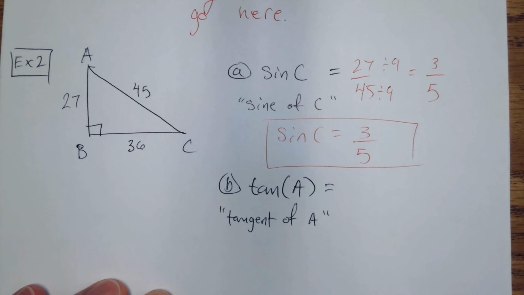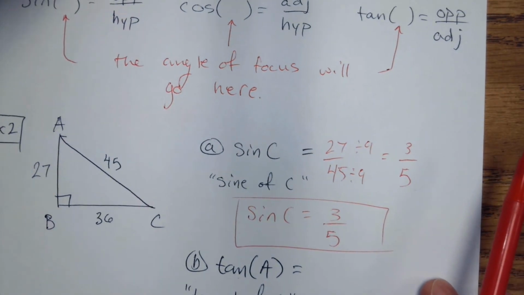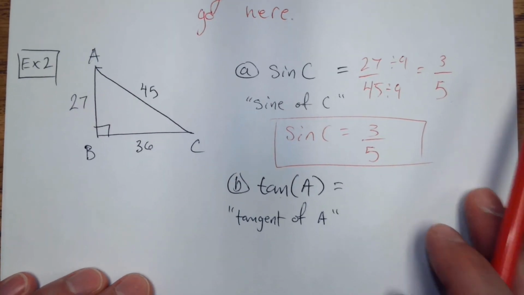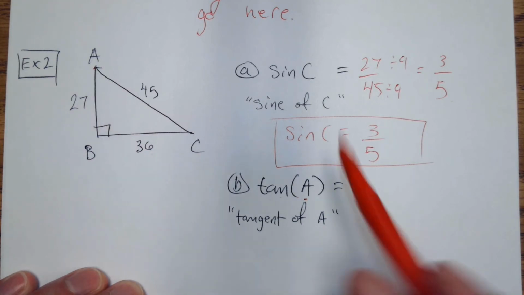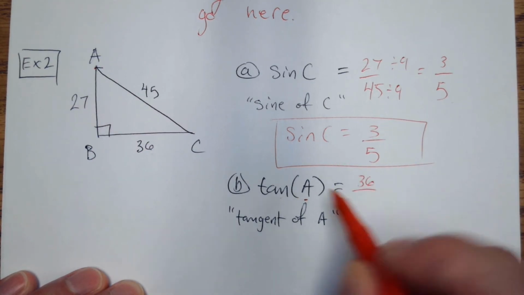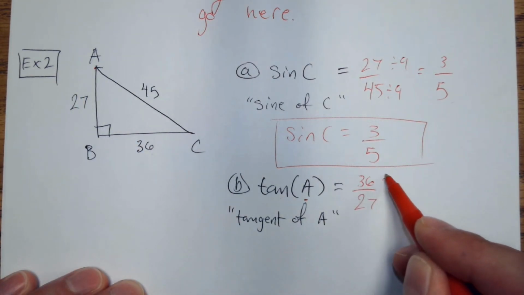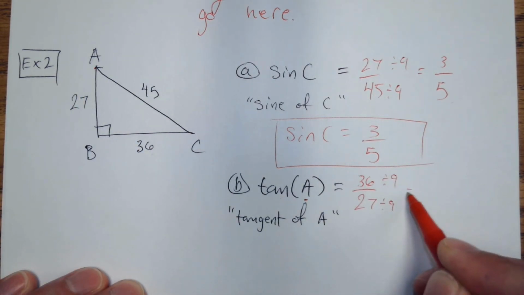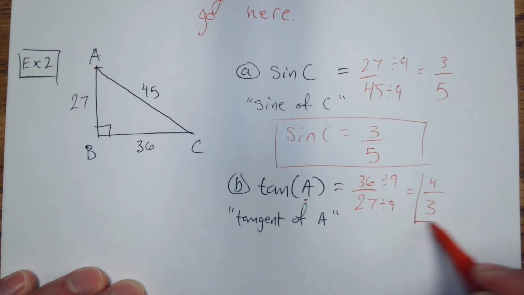For the tangent of A, tangent is opposite over adjacent. So we changed our angle of focus, tangent of A. So for A, the opposite would be 36. The adjacent would be 27. And then divide by 9, and you get 4 over 3. I want you to leave them as a fraction here.